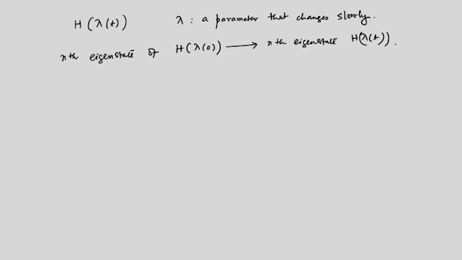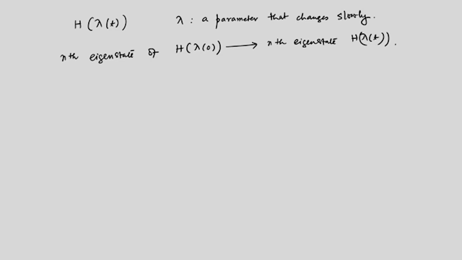If this parameter changes very slowly, it means that the system is never out of equilibrium and stays in equilibrium. So the more important question that arises here is what happens to the wave function.